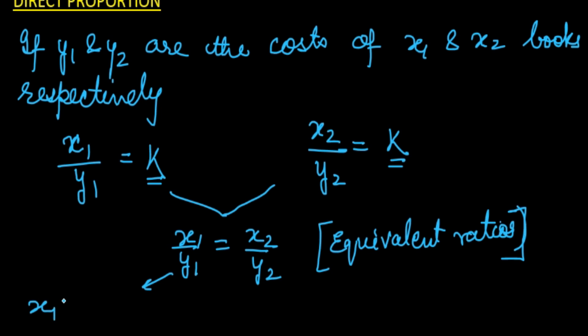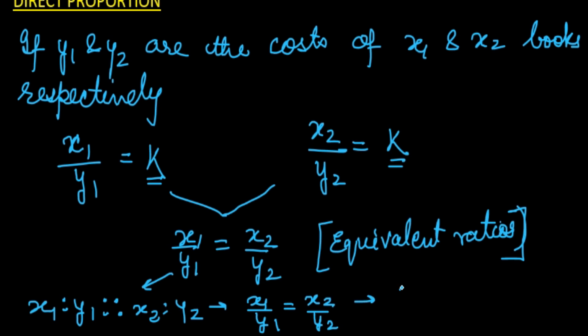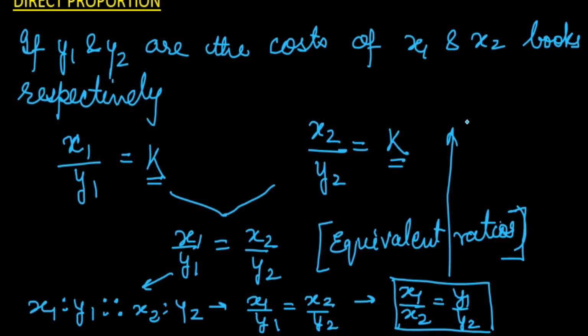So this can be written as x1 is to y1 is in proportion to x2 is to y2, which can be written as x1 upon y1 is equal to x2 upon y2, or x1 upon x2 is equal to y1 upon y2. This is the relation which holds good when our proportion is a direct proportion.